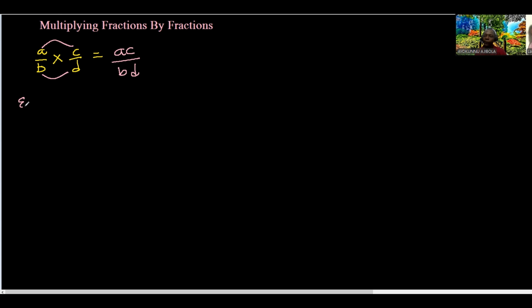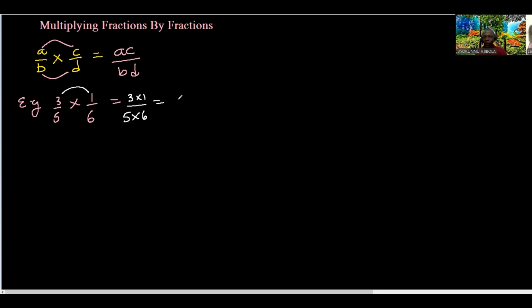For example, if I have 3 over 5 times 1 over 6, what am I supposed to do? Multiply 3 and 1, okay? It will be 31 over 56. Wait, we are multiplying, not combining, okay?